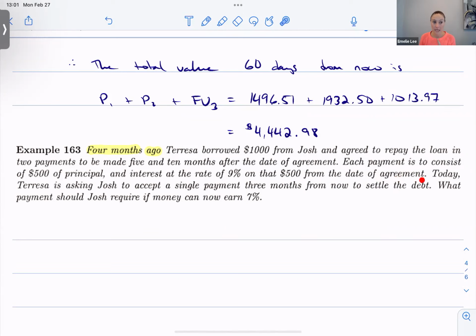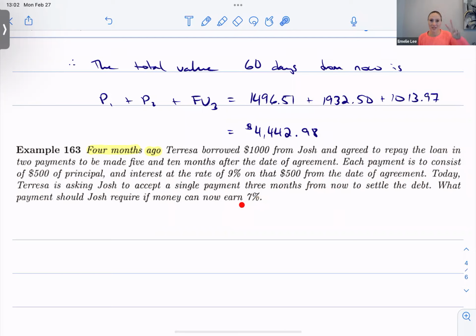Okay. Today, okay, so here we are today, Teresa's asking Josh to accept a single payment 3 months from now, right? So 3 months from today to settle the debt. What payment should Josh require if money can now earn 7%?